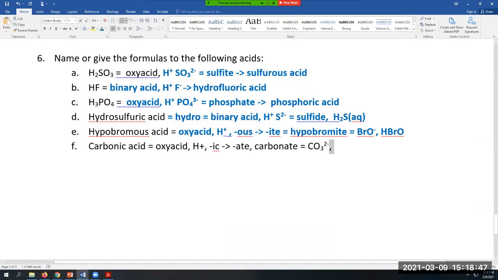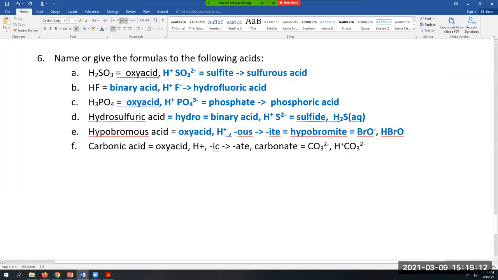So if we write H+ with CO3, -2, so the 3 again is a subscript. We have 2 negative charges for 1 positive charge here. So that tells you you will need 2 H+ for 1 carbonate to cancel the charges, right?